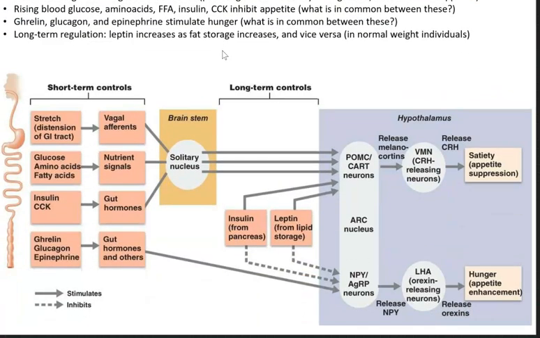Now, there is a lot here about the regulation of food intake. What I want you to understand is this. The regulation of food intake occurs in the brainstem and in the hypothalamus. Okay?